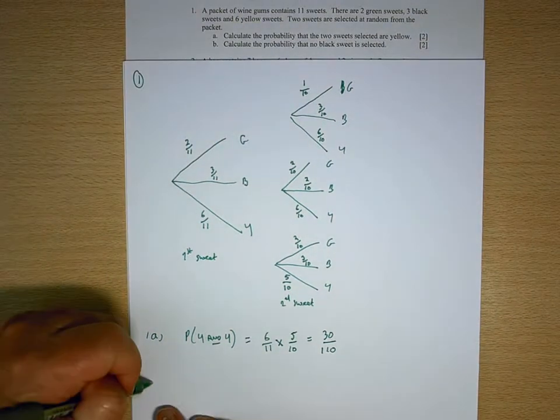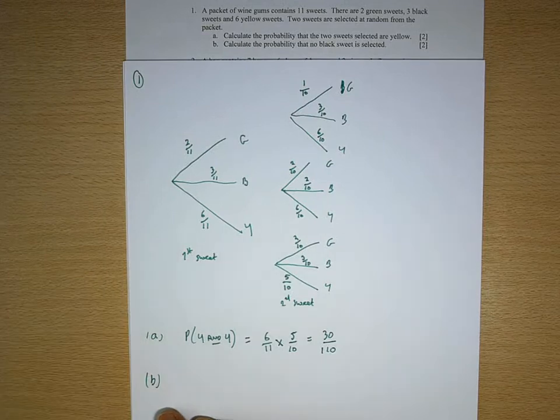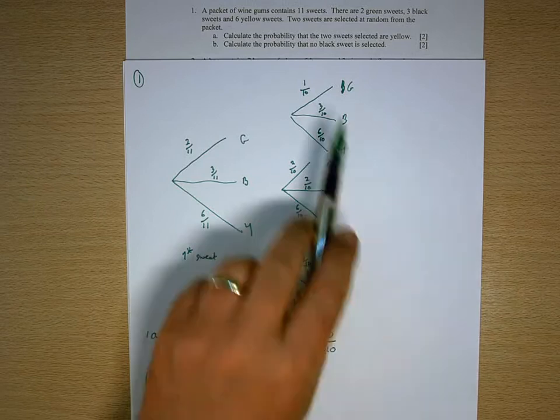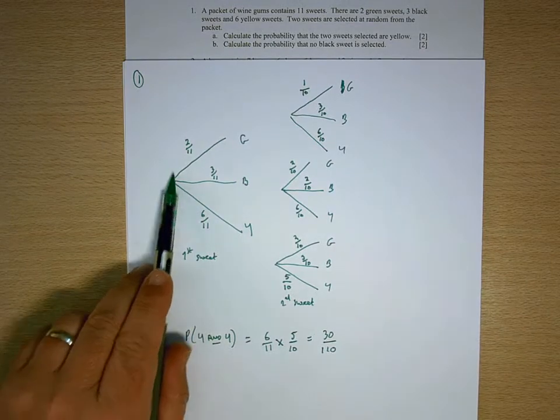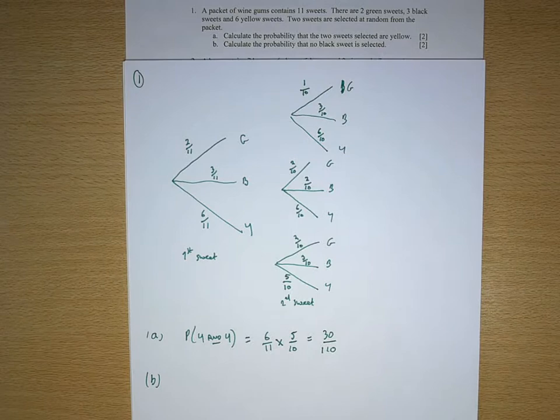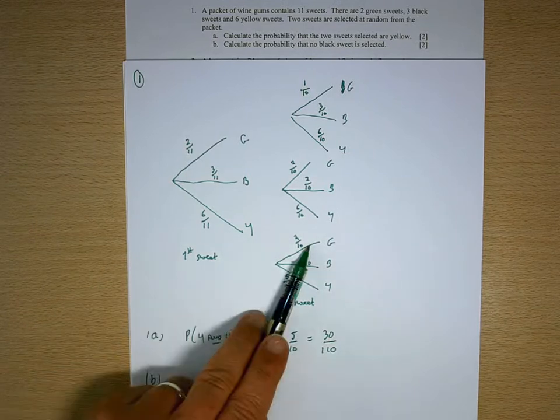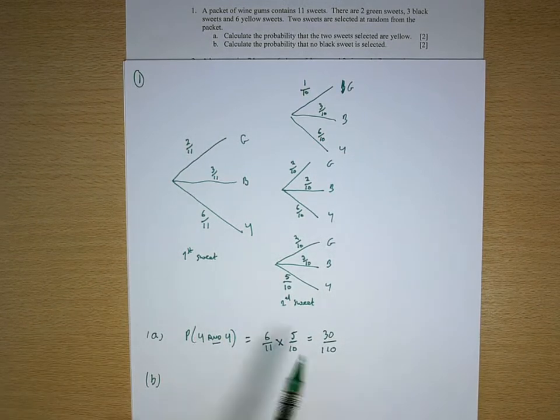And then for part B, calculate the probability that no black sweet is selected. Well, no black sweet would mean green and green, or green and yellow, or yellow and green, or yellow and yellow.